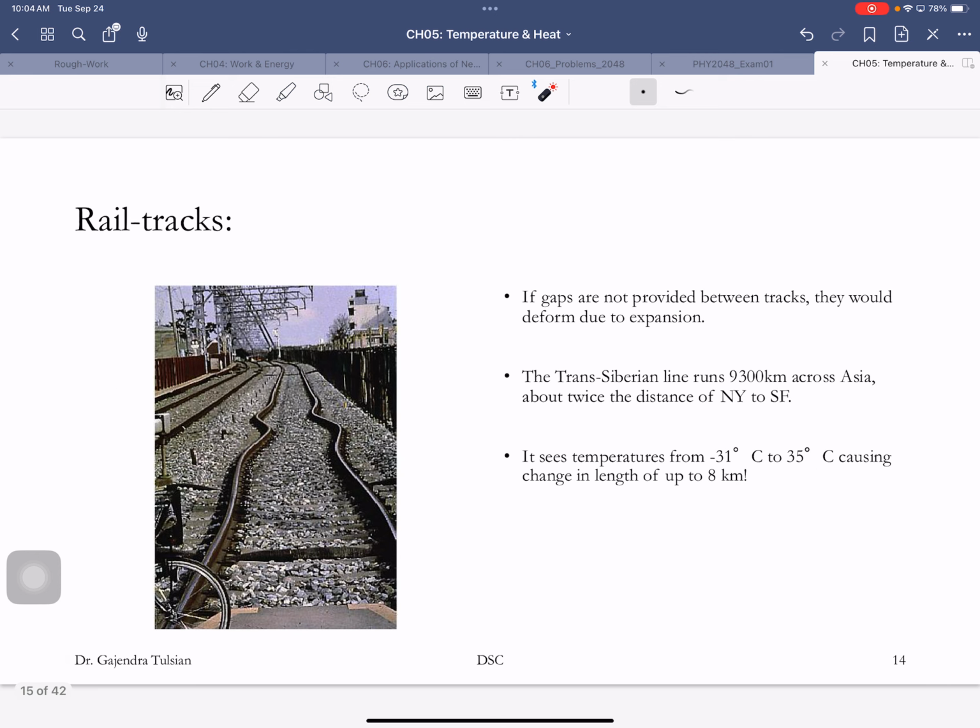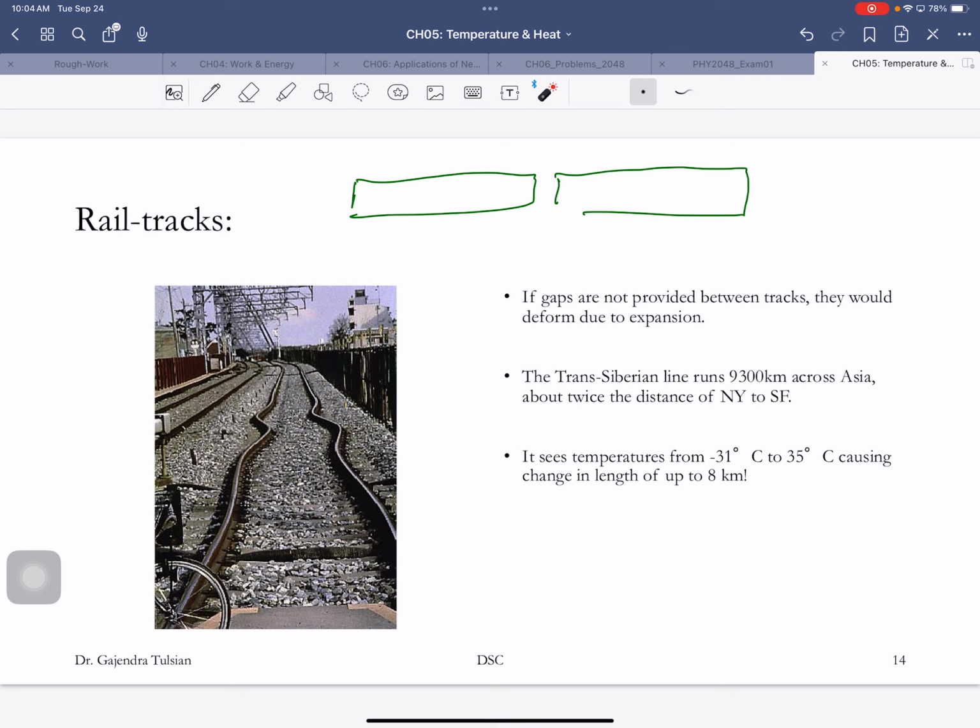We do that on our train tracks as well. Here's one rail, here's the next rail, and there's this expansion gap for when it warms up. If this expansion gap is not big enough, this is what happens: this track pushes against that and they bend, and a train going on that will derail. So you guys understand that?